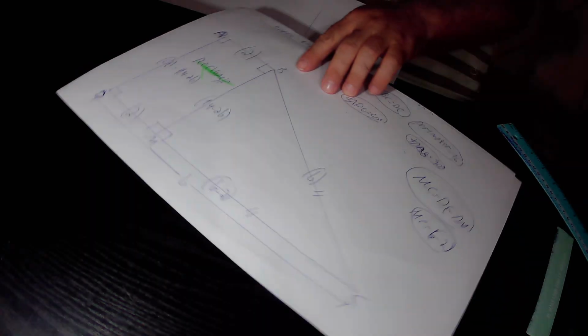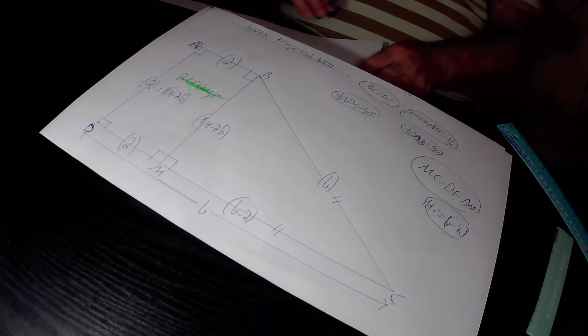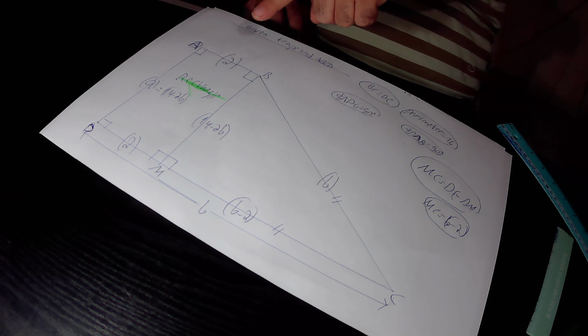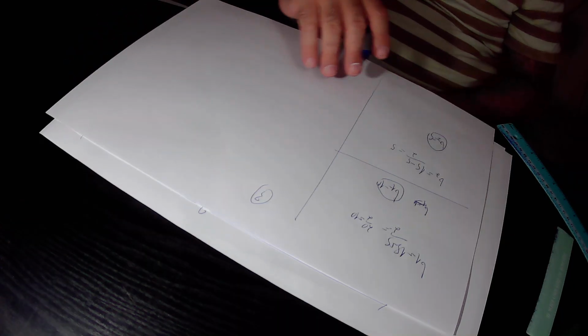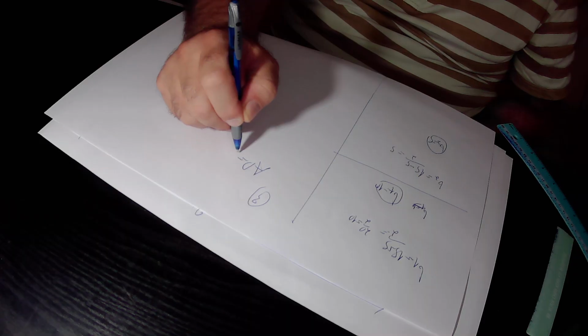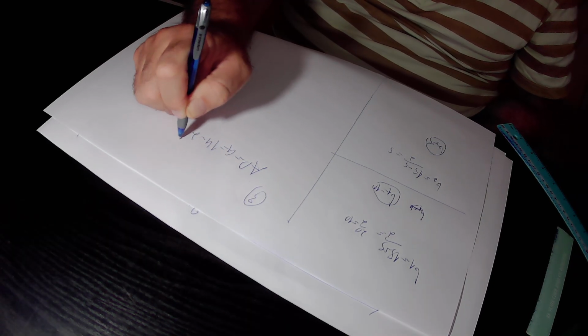We know that AD is one side of trapezoid ABCD, and AD equals a, that is 14 minus 2b.